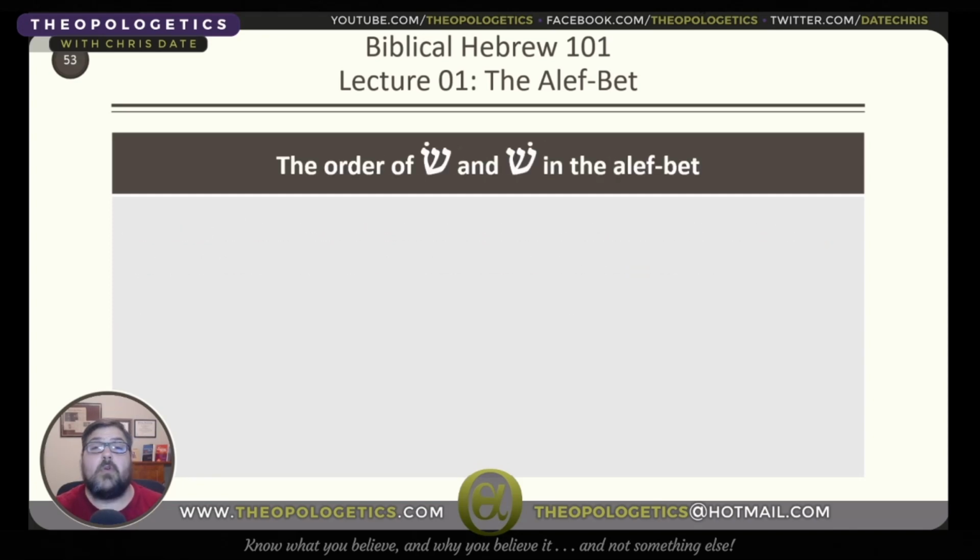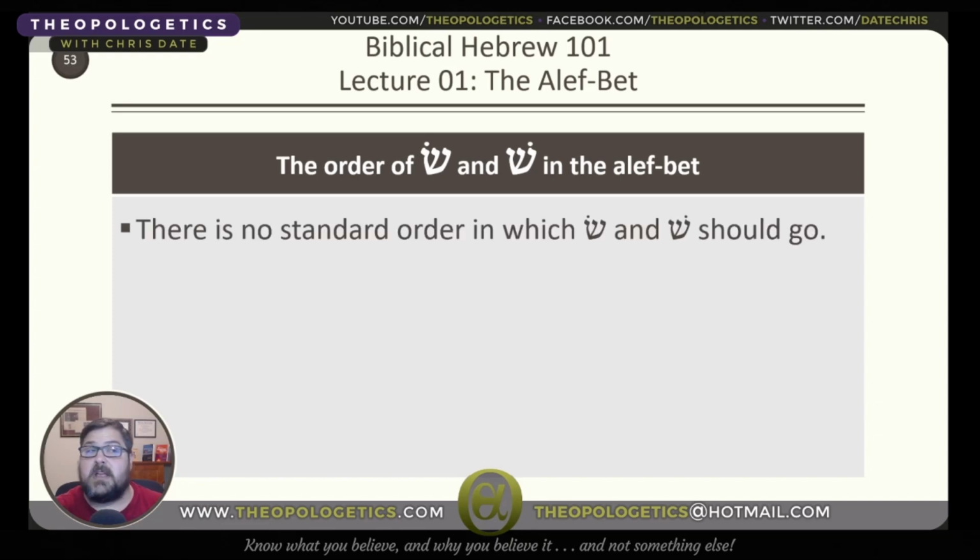Now, as far as the order of these 2 letters in the Alef-Bet, most of your biblical Hebrew grammars are going to list sin first and shin second, and I think that's also going to be the case with many Hebrew lexicons, dictionaries of biblical Hebrew. But Jewish children, when they are taught the order of the Alef-Bet, are often taught it the other way around.